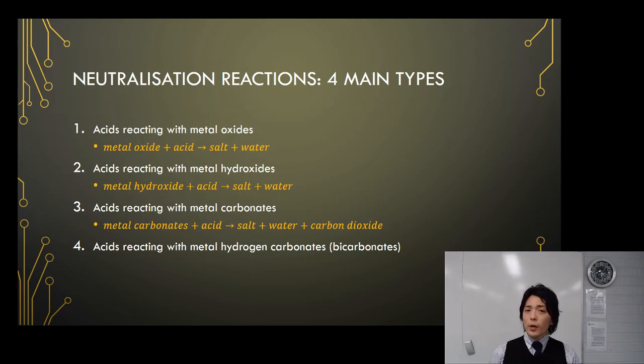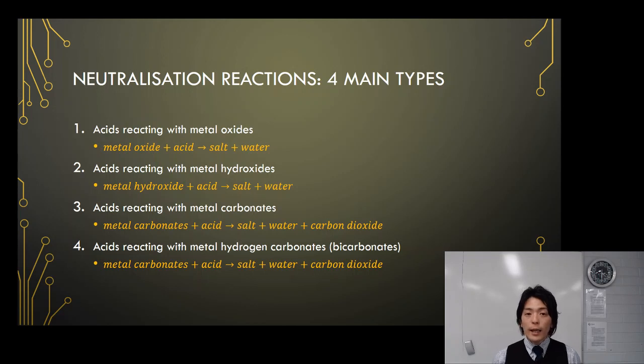So a carbonate with one extra hydrogen atom to it. Hydrogen carbonate is also known as bicarbonate, like bicarb soda. You get pretty much the same reaction again. So metal hydrogen carbonate reacting with acid, you get salt, water, and carbon dioxide.